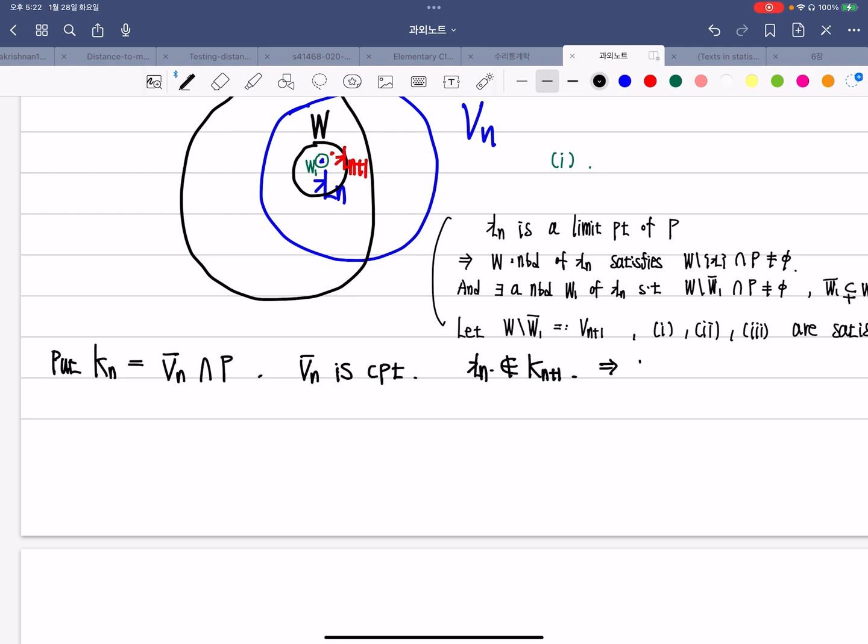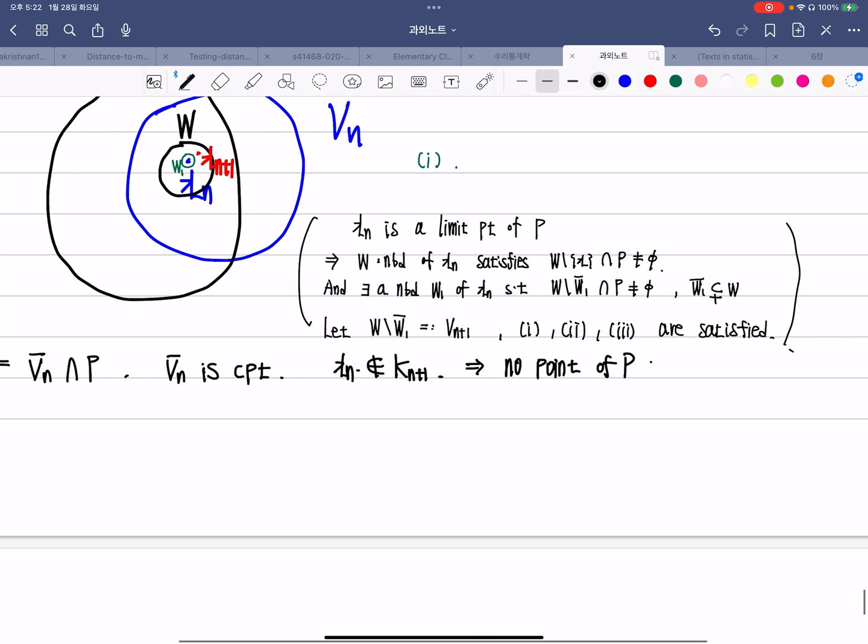So no point of P lies in the intersection of all Kn, right?